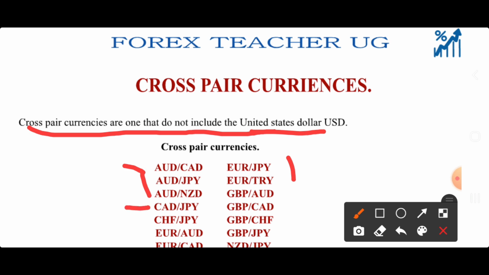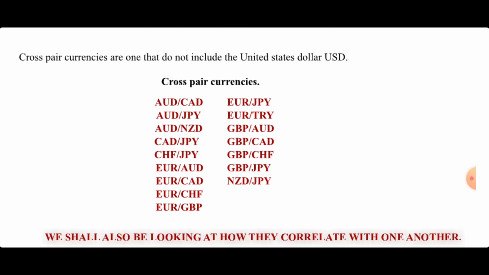Then we look at the CAD JPY, CHF JPY, Euro AUD, Euro CAD, Euro JPY, Euro TRY, GBP AUD, GBP CAD, GBP CHF, GBP JPY, NZD JPY, Euro CHF, and Euro GBP.